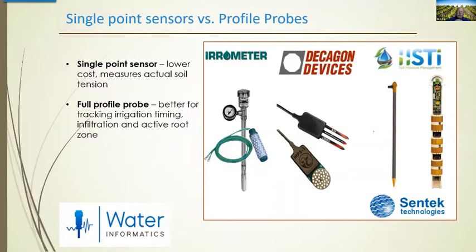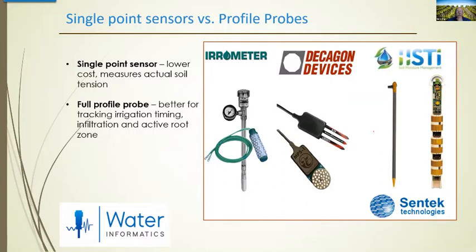So with the Decagon device, if you're going to put one device at 12 inches, one device at 24, one device at 36, it's super important that you pack in the soil so that it mimics the rest of the soil, and that when you irrigate, that water doesn't find that hole or that preferential pathway, and then you get a false reading.